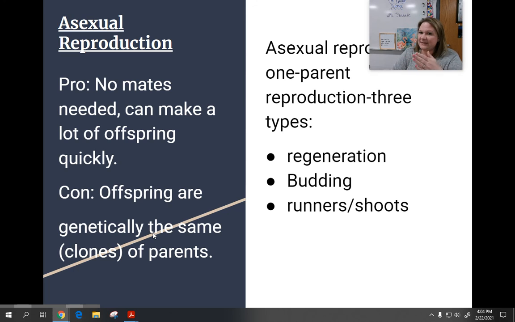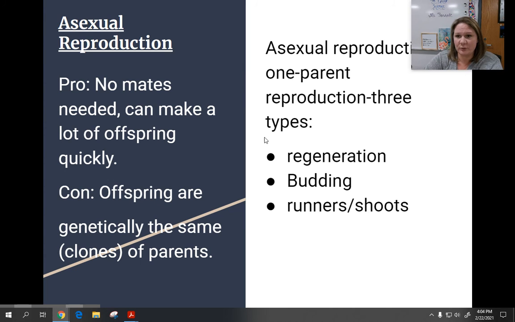That way, if a disease comes through, it's not necessarily going to wipe out the whole population. Maybe there'll be one or two that have a variation that allows them to survive the disease. So sometimes it's a problem if you wind up with a whole group of living things that are genetically exactly the same. More variation usually helps living things survive, if that makes sense. All right. So those are the two kinds of reproduction.